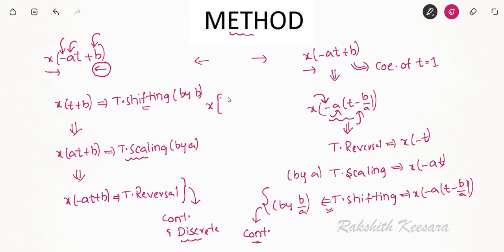If I need to plot x of minus an by b plus c, by following the property, first you will perform time shifting. After this you should perform time scaling. But in time scaling in discrete domain, you will have two things. You can either do interpolation or decimation. So according to the property, first you should perform interpolation, and next you should perform decimation.